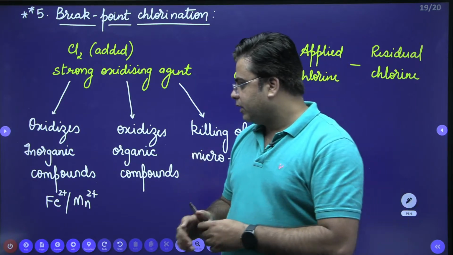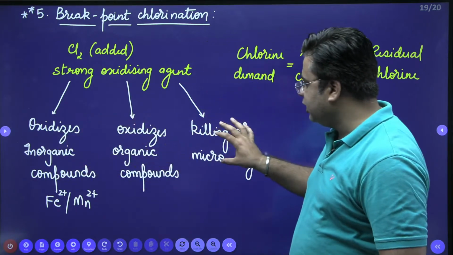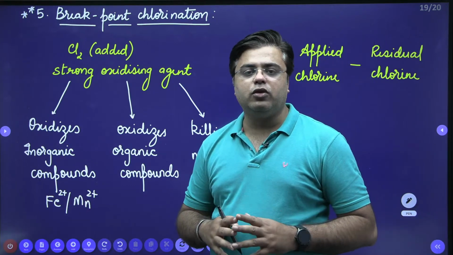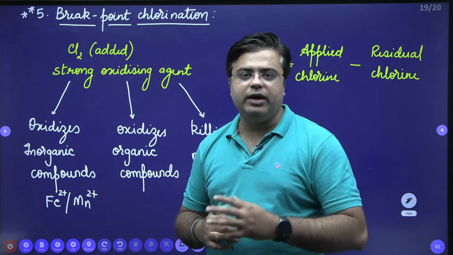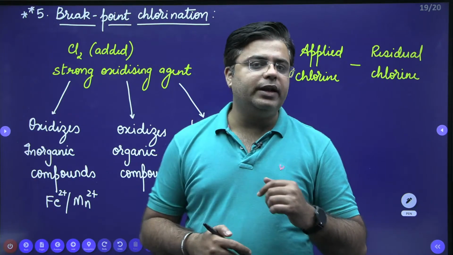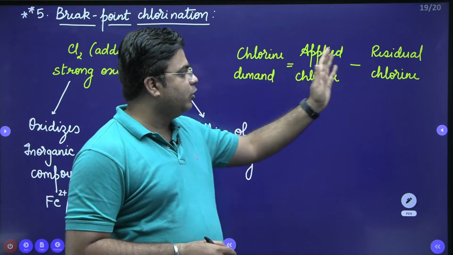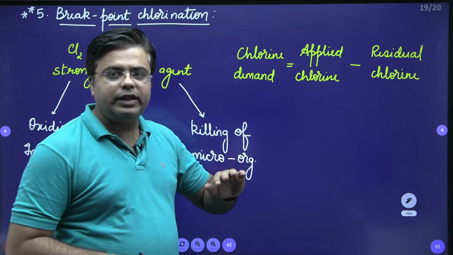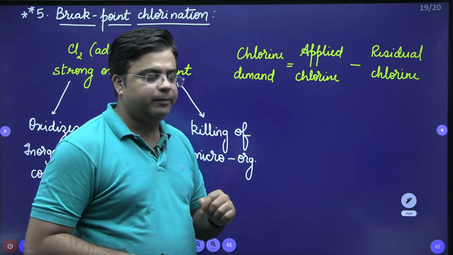Because when we are adding chlorine for all these activities, we are actually adding the total amount of chlorine that is required to carry out the disinfection. So chlorine demand is equal to applied chlorine minus residual chlorine. Applied chlorine is the chlorine that you have added from your side.